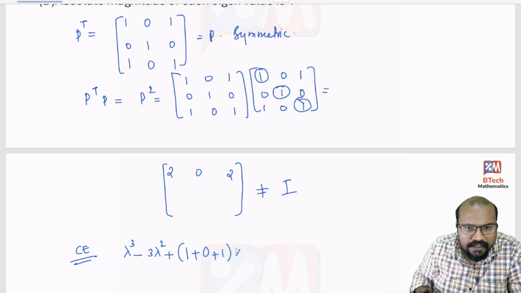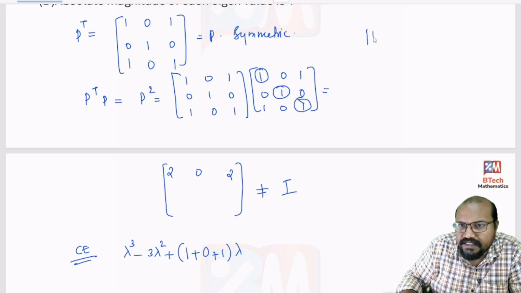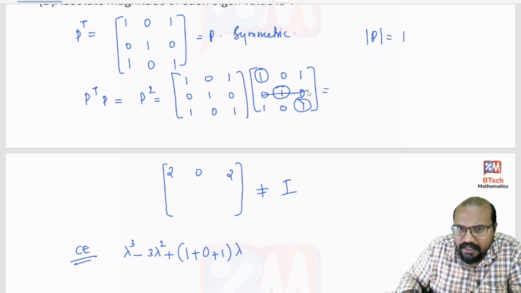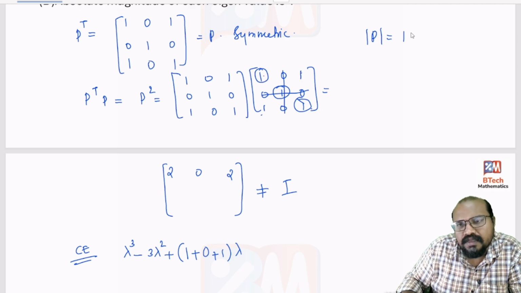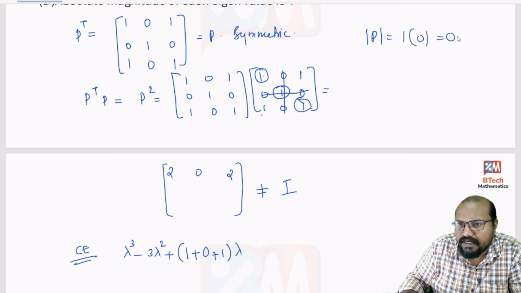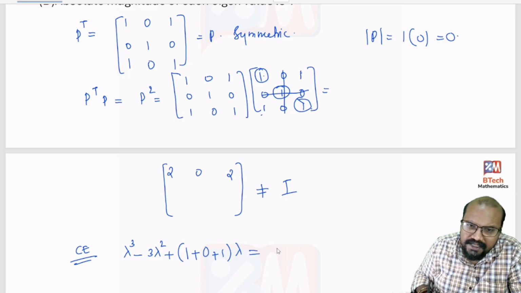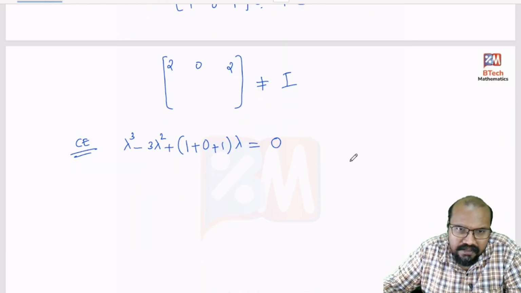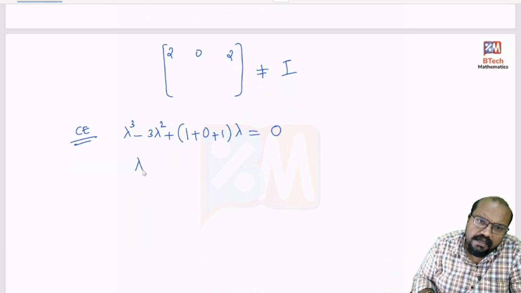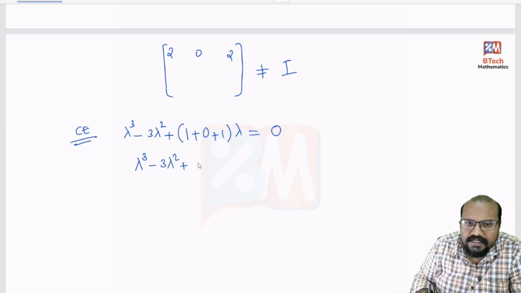So it's also 1 into lambda. And what about the determinant? Determinant of P is 1 into positive 1, excluding this row and column, we get the determinant 1 1 1 1, which is 1 into 0. Determinant is 0. Therefore, the characteristic equation is lambda cube minus 3 lambda square plus 2 lambda equal to 0.